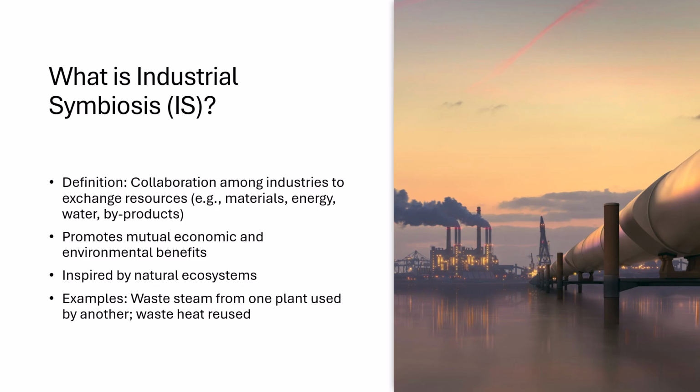So it is actually the natural ecosystem that this industrial symbiosis is mimicking, is trying to follow. Example, waste stream from one plant used by another, and waste heat also can be reused.